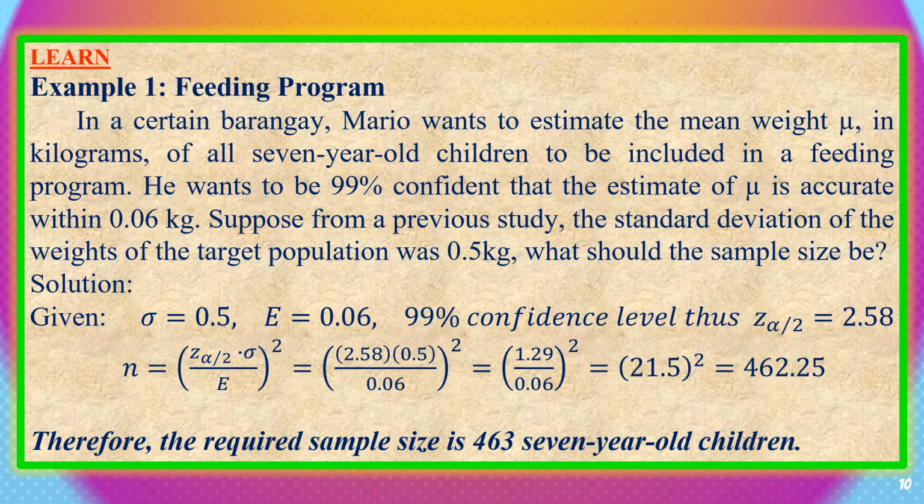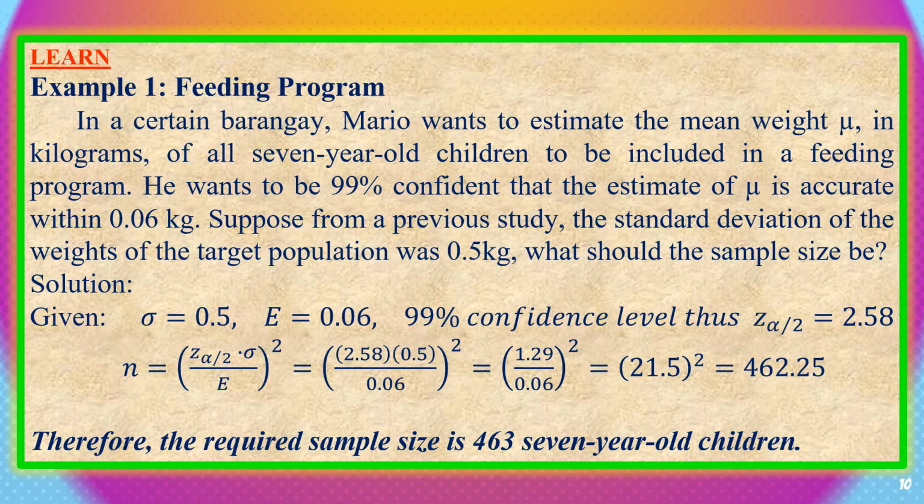So from the given, you have sigma equals 0.5, E equals 0.06. In a confidence level of 99%, our Z sub alpha over 2 is equal to 2.58. So substituting the given to the formula, which is n equals the quantity Z sub alpha over 2 times standard deviation over E, you would have the quantity squared of 2.58 times 0.5 divided by 0.06.